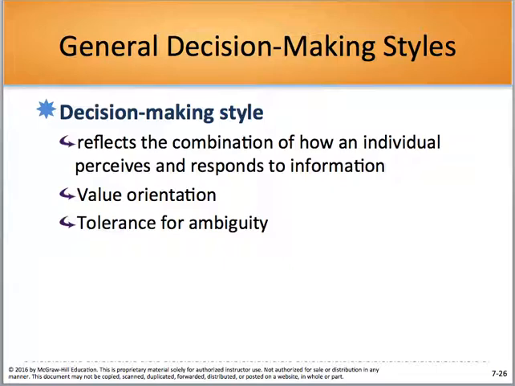Our tolerance for ambiguity is the extent to which we have a high need for structure or control in our life. If you need a lot of structure and control, you're not going to do well with things just casually coming in and out and randomness. It will drive you batty. So how flexible or inflexible are you with that?